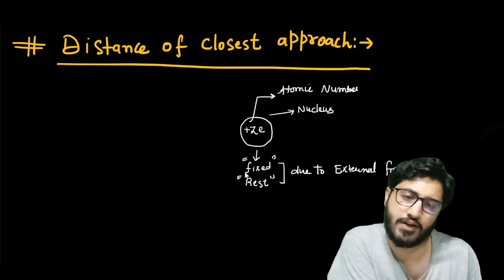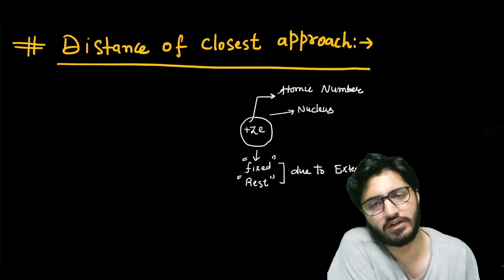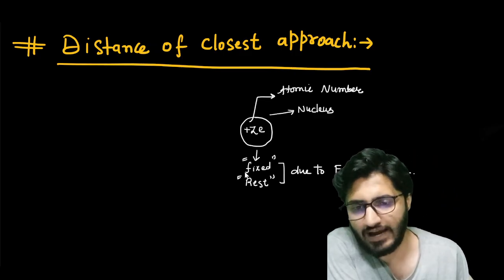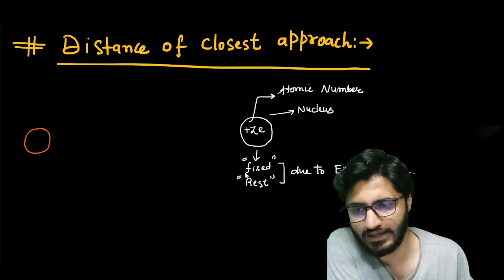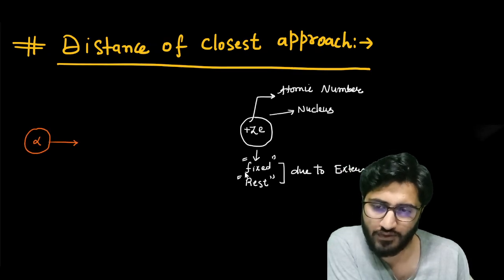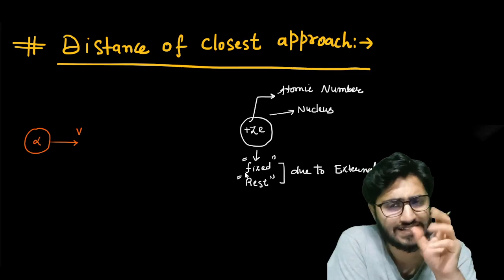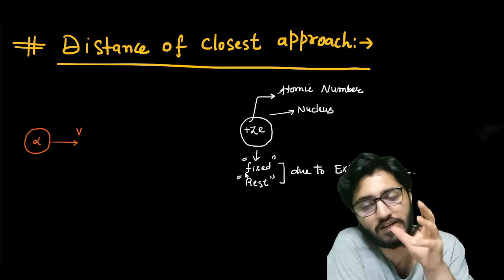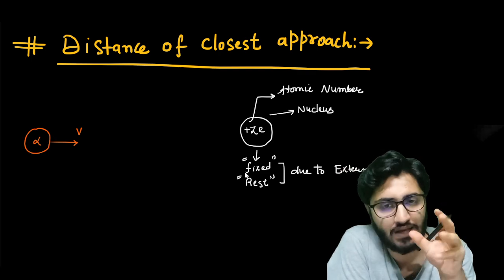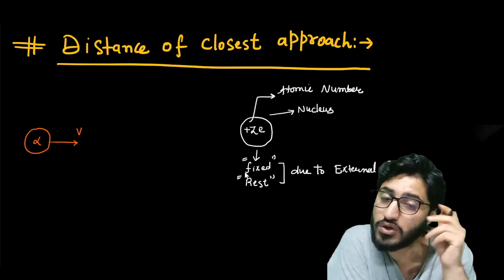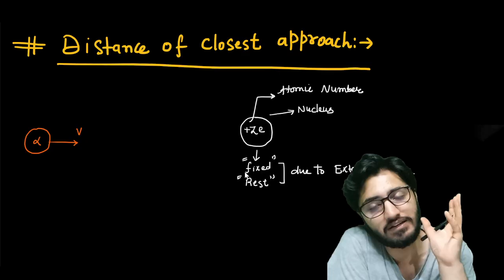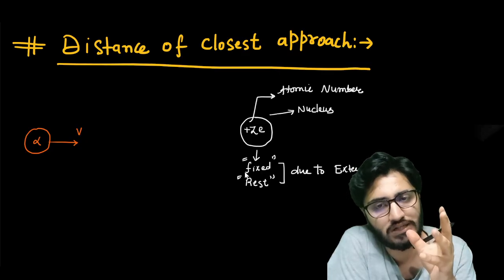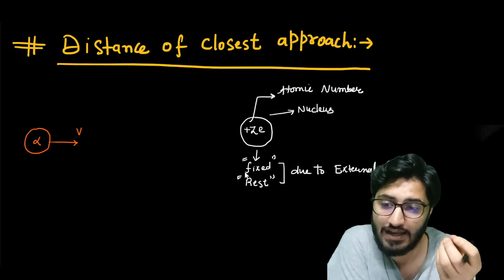Let us suppose we have an alpha particle. Here is my alpha particle, and I am throwing it with velocity v. Do you know what an alpha particle is? It is a doubly ionized helium particle. If we take the 2 electrons out of helium, what remains represents the alpha particle.